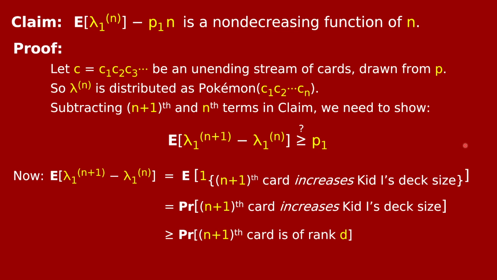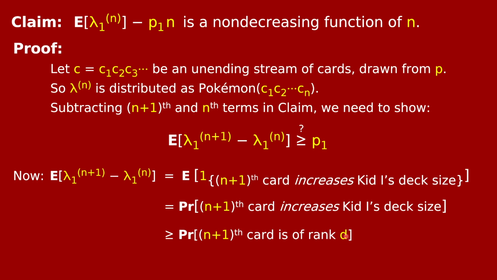It would stay the same. But there is one circumstance in which kid 1's deck size definitely increases, and that's when the kid gets the worst card, the card of rank D, because then kid 1 doesn't have a worse card that he's obligated to donate to the second kid. So if this event occurs, that the n plus 1th card is of rank D, then indeed kid 1's deck size increases.